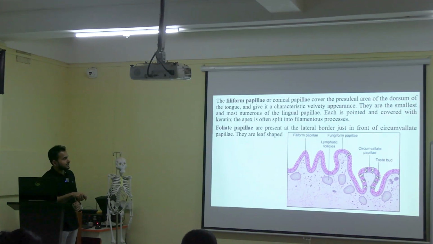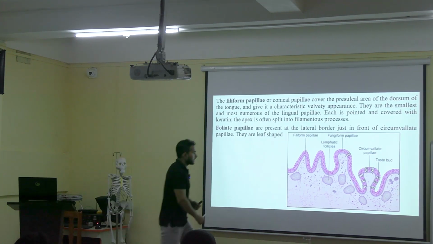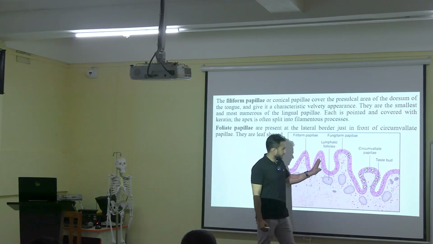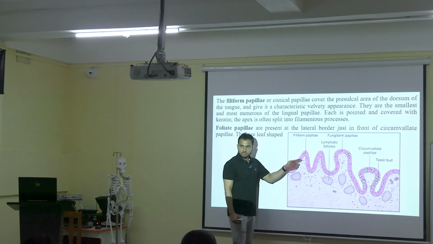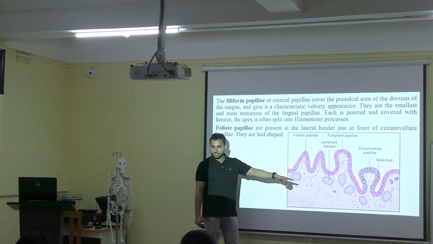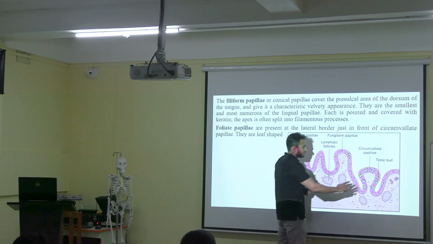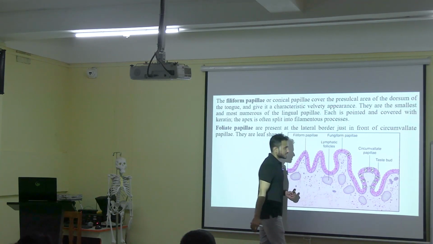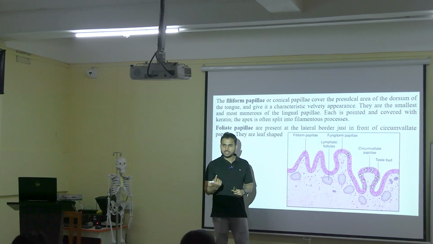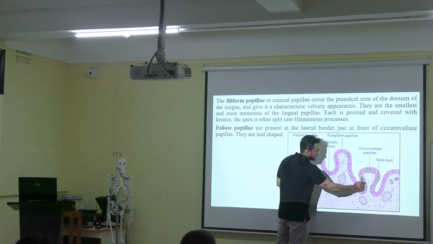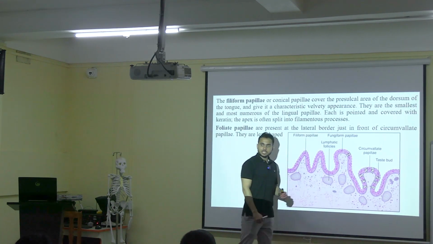For your reference, the diagram is present over here. If you concentrate on the diagram, as I said, this is one papilla, this is one papilla, this is one papilla. Can you see the shape? Shape and size are not the same, they are different. The largest one is the circumvallate one. Shape is cylindrical. Now if you consider this circumvallate papilla, first of all, the central core is made up of connective tissue, and it is surrounded by lining epithelium.